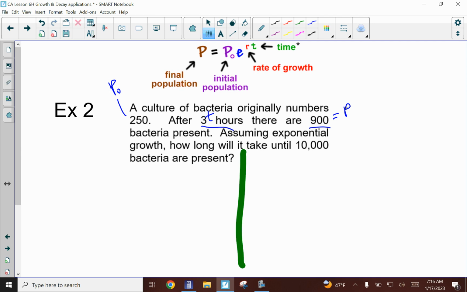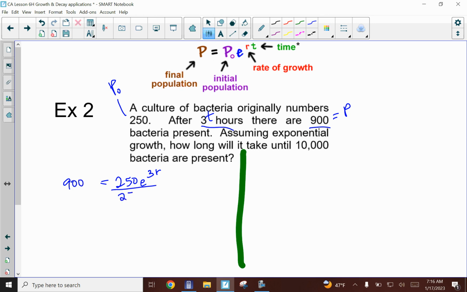Okay, so the first part is to figure out what R is, because there is no percent in this question. So the original amount is 250, e to the R, we don't know what R is, but we know that it takes 3 hours at this rate in order for there to be 900 bacteria. So the steps to solving these exponentials are pretty much the same every time.